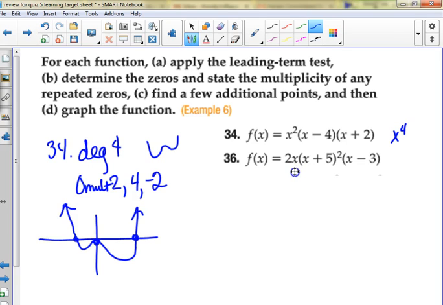What's happening here? If I look at that as an x, the leading term here, well, we can leave the 2, it doesn't matter. This one would be squared, and this would be an x. It's still degree 4 and it still has a positive leading coefficient. What's the difference in this one?